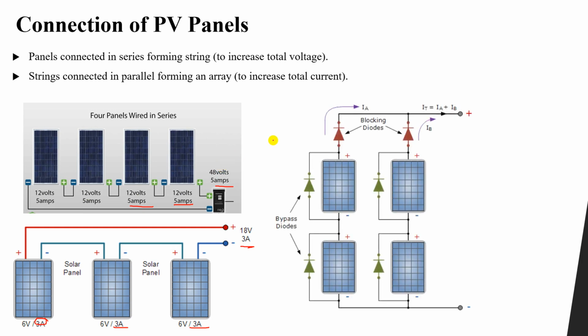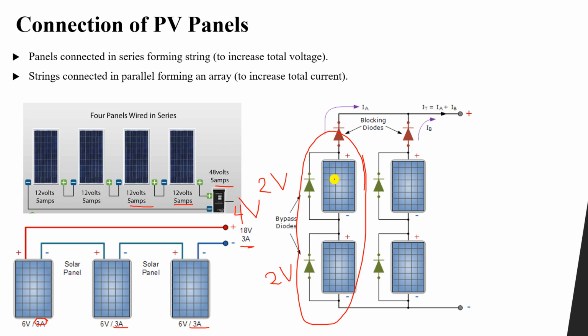Now when we connect them in parallel, here we have, for example, this string, 4 panels or 3 panels or any number of panels, you can see they are in series. So if this one is 2 volt and this one is 2 volt, then the total voltage is 4 volt. So we have one string.